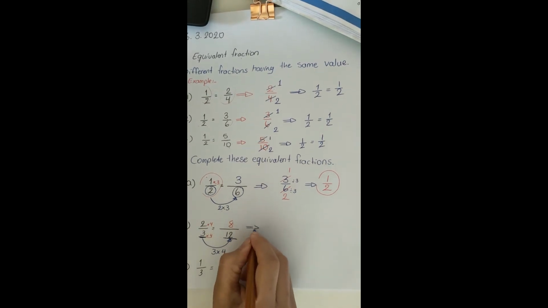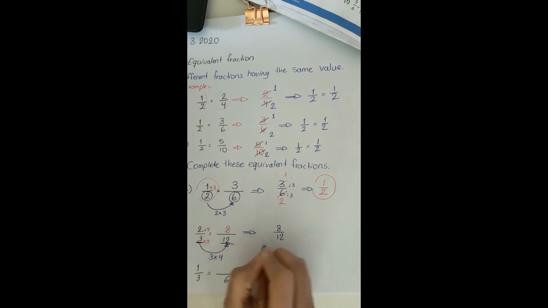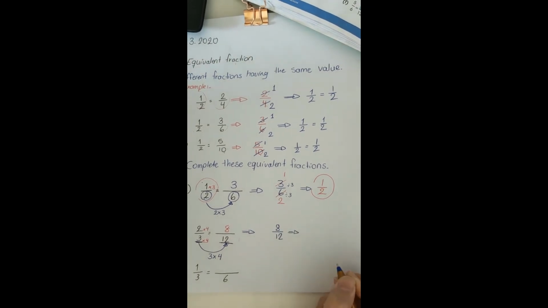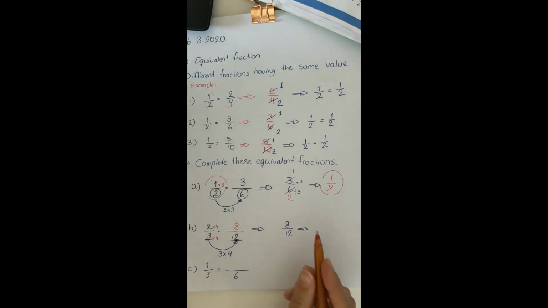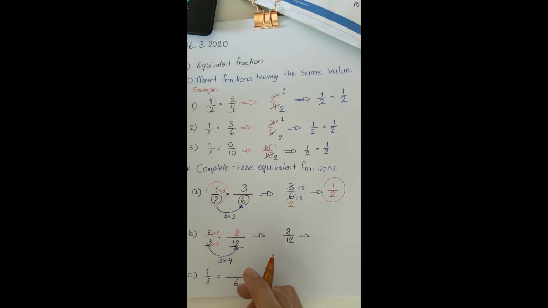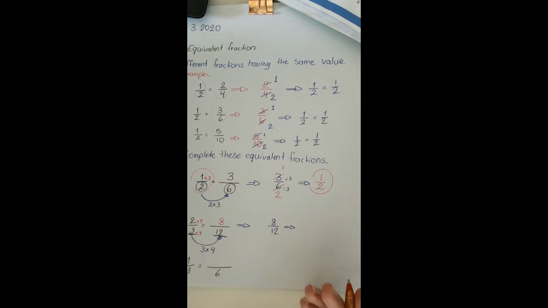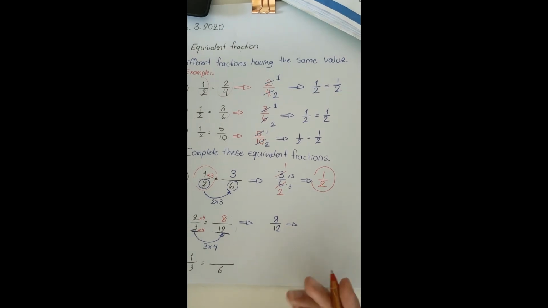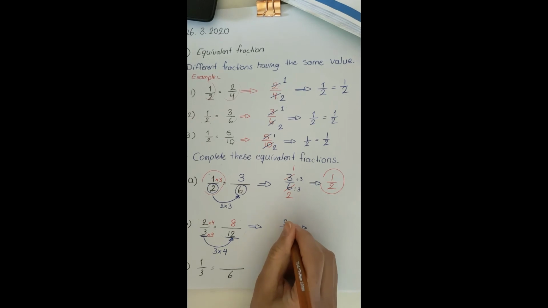Now I'm gonna check if I simplify 8 over 12, it should give me 2 over 3. I'm gonna find a common number between these two numbers that both of them can be divided by. Okay, if I find 4, both of these can be divided by 4.